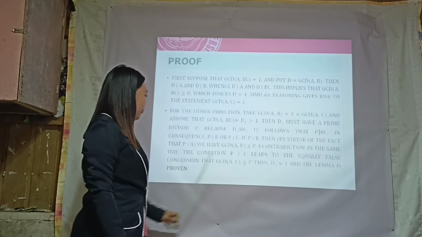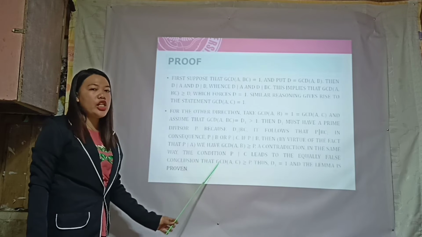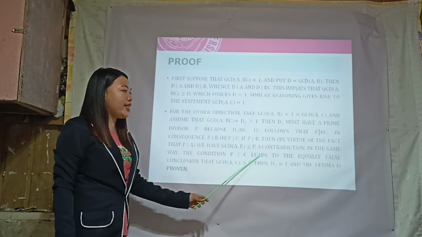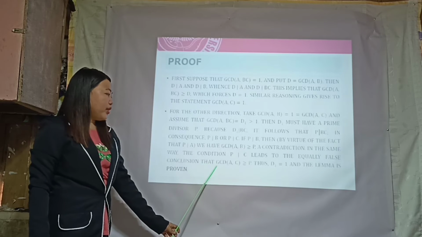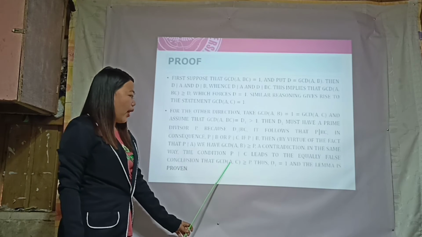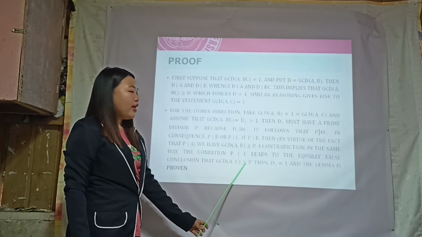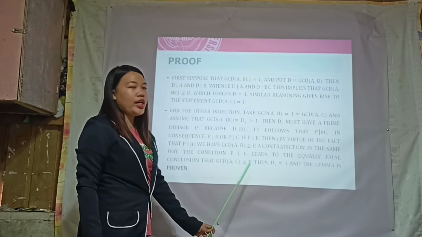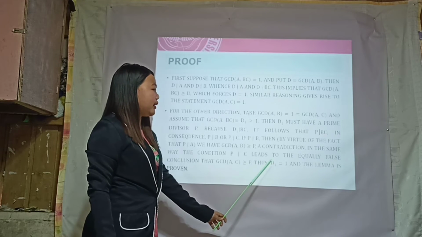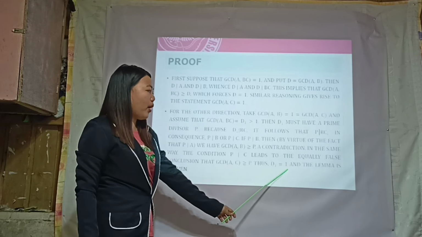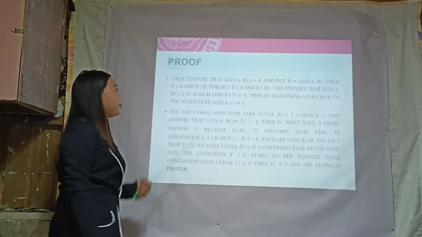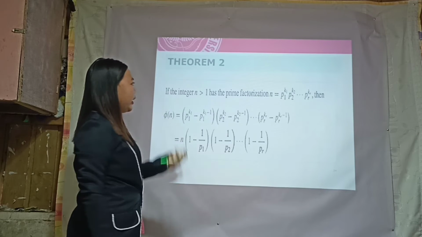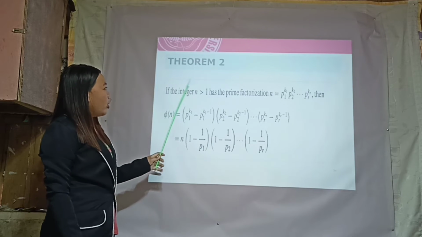In the same way, the condition p divides c leads to the equally false conclusion that GCD of a and c is greater than or equal to p. Thus, d sub 1 is equal to 1 and the lemma is proven. So, let's proceed to theorem 2.